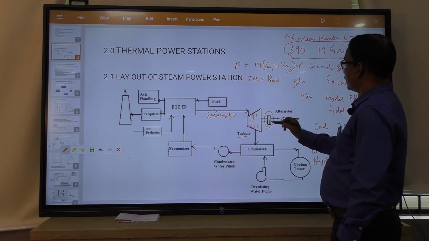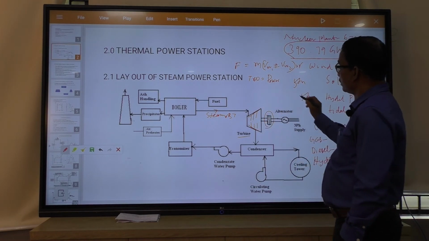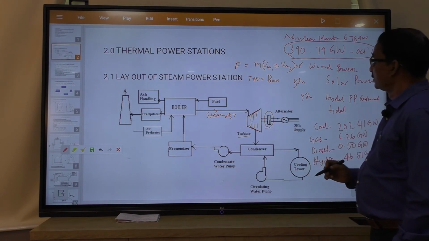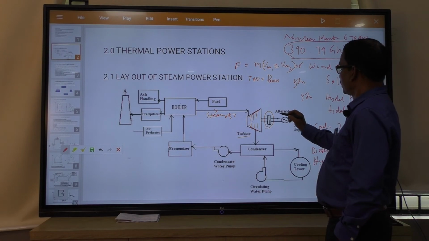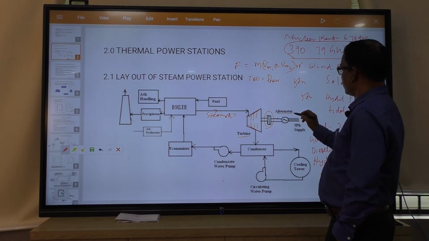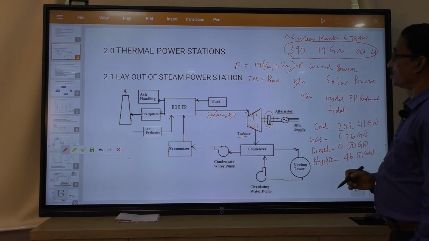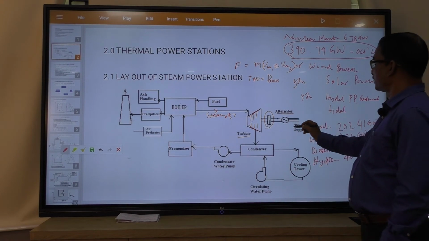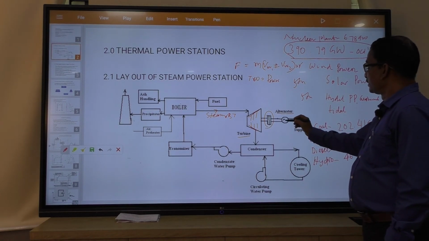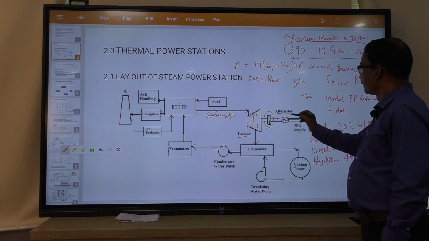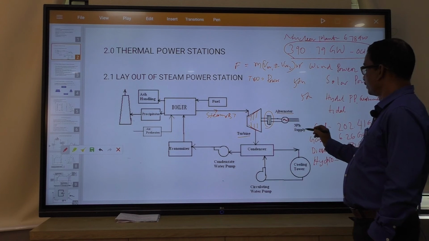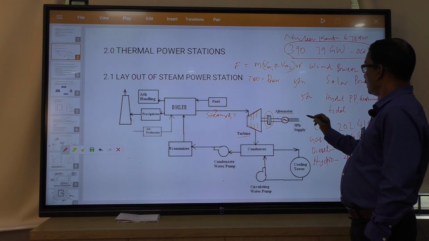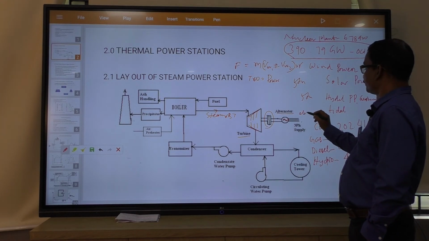They are coupled together, and the total unit is known as the turbo generator set, TG set. This is called the generator, or alternator. Here the AC current, alternating current, is produced, so it is called an alternator. This is the symbol of the generator, and we get the three-phase electricity supply. That means we get the output electrical energy.